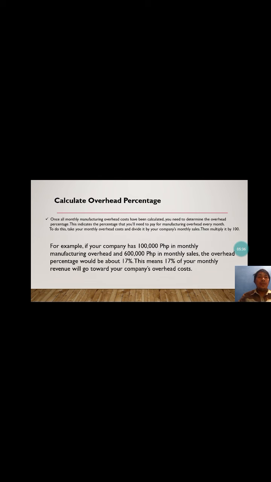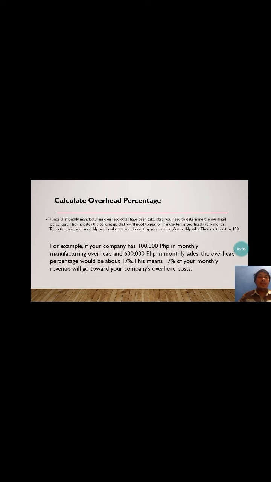Calculate the overhead percentage. Once all monthly manufacturing overhead costs have been calculated, you need to determine the overhead percentage. This indicates the percentage that you will need to pay for manufacturing overhead every month. To do this, take your monthly overhead cost and divide it by your company's monthly sales, then multiply it by 100.